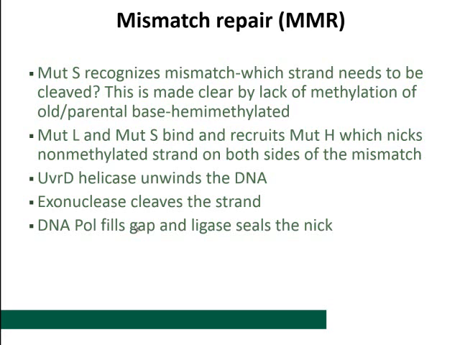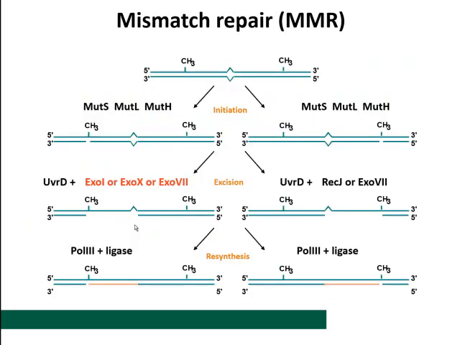MutL and MutS bind and recruit MutH, which nicks the non-methylated strand on both sides of the mismatch. UVRD, which is a helicase, will unwind the DNA. Exonuclease will cleave the strand, and DNA polymerase fills in the gap, and DNA ligase then connects the nick.